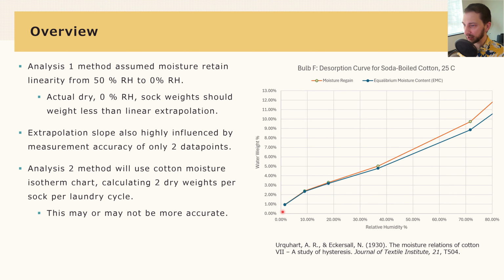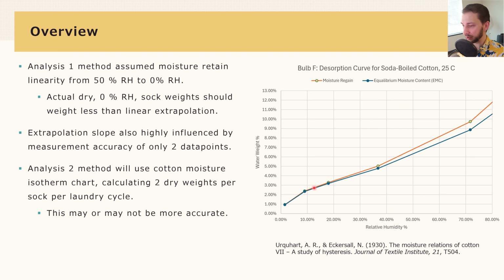So if you look at this moisture regain chart for desorption of moisture from cotton, specifically soda boiled cotton at 25 degrees Celsius, you'll see that in the region where we collected the data points, from about 50 to 14, it's not exactly linear to get all the way to 0.